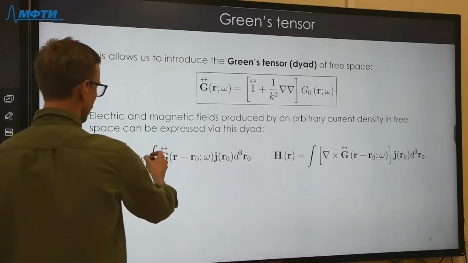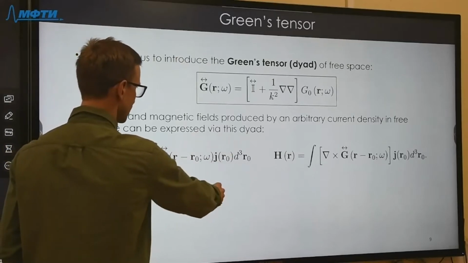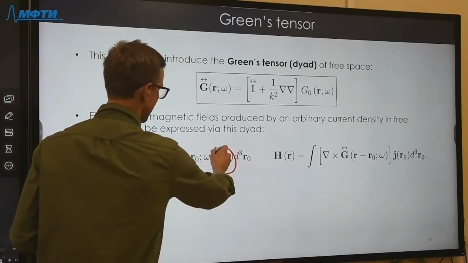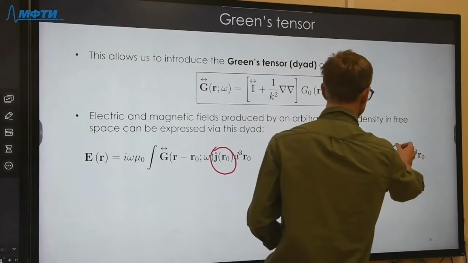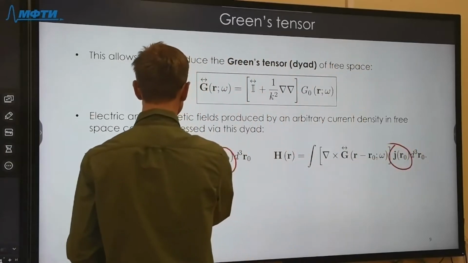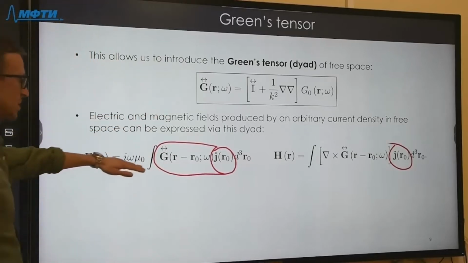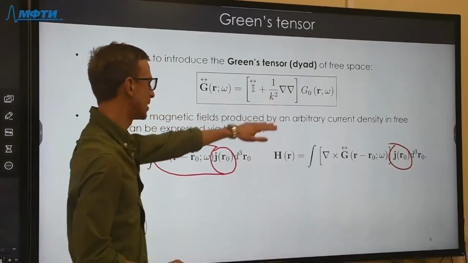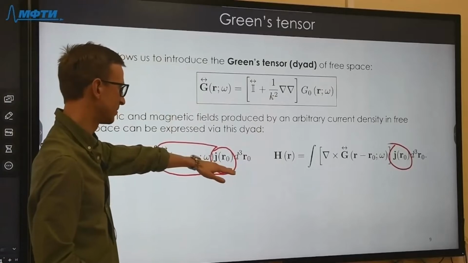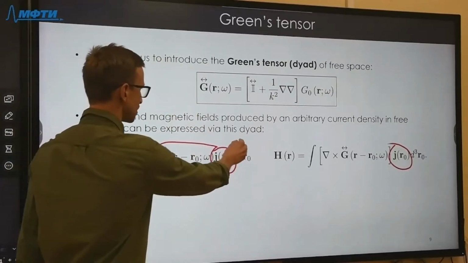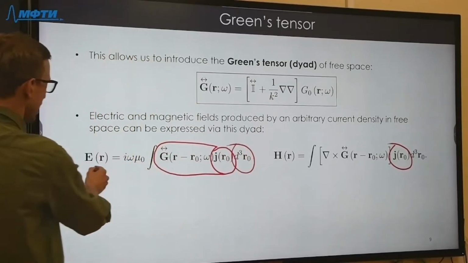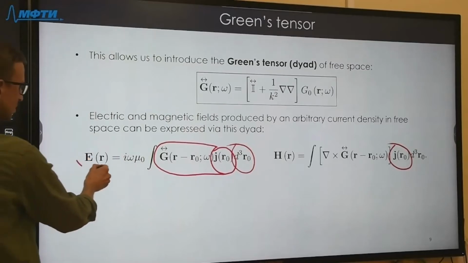So we write them as volume integrals acting on the current density, and we convolute them with this Green's tensor. So the tensor, this differential operator, acts on the vector field, on the current. We integrate it over the entire volume, and that gives us the electric field.